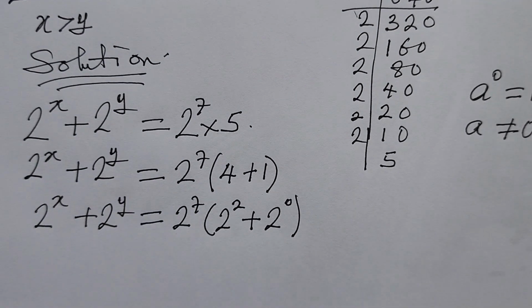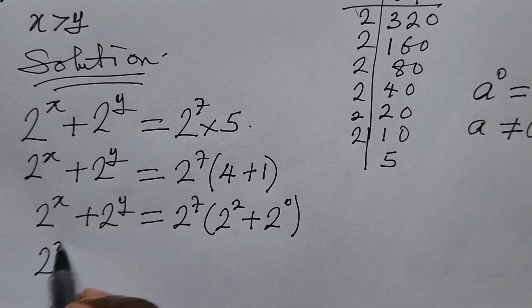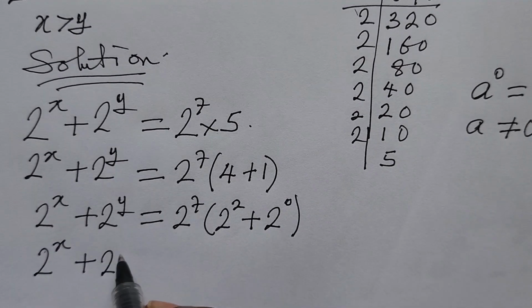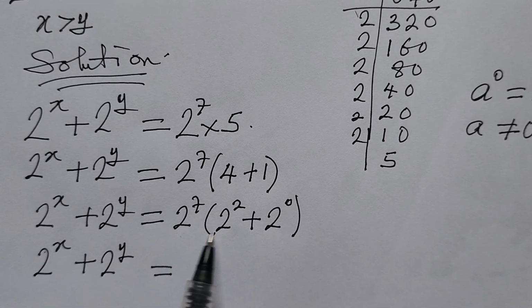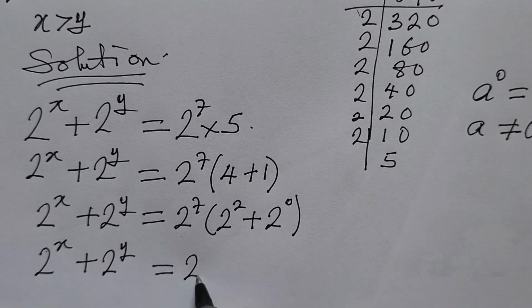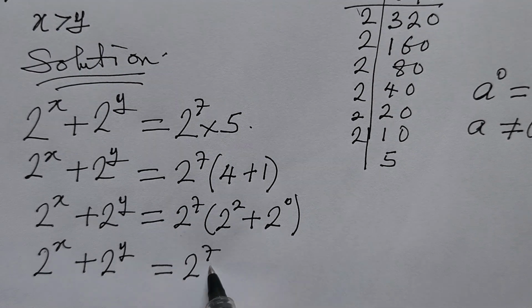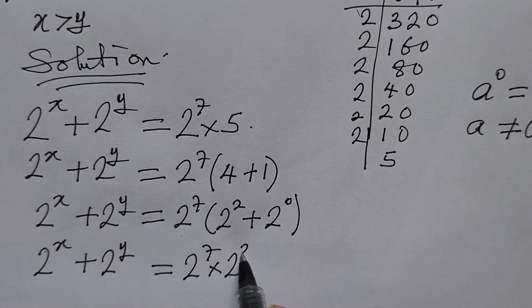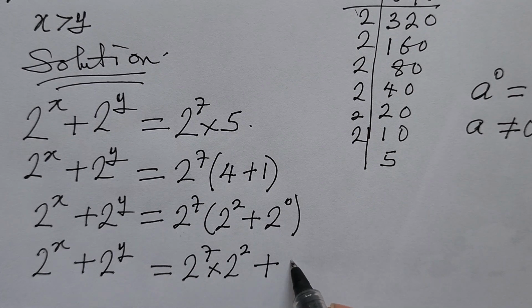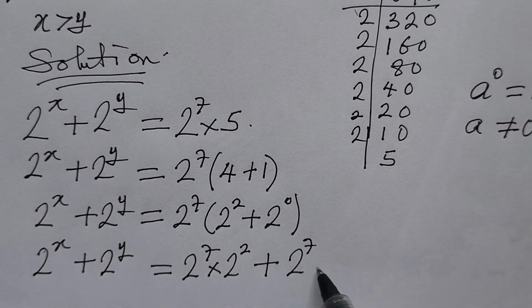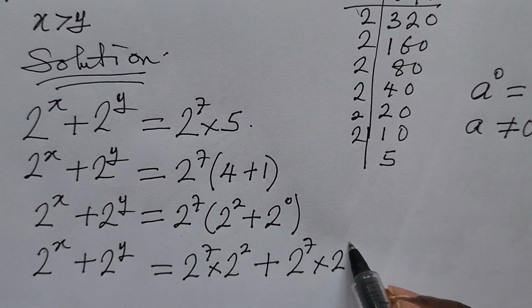So from here, 2 to the power of x plus 2 to the power of y is equal to, we use this to multiply this, giving us 2 to the power of 7 times 2 to the power of 2, plus, we use this 2 to the power of 7 again to open this, giving us 2 to the power of 7 times 2 to the power of 0.